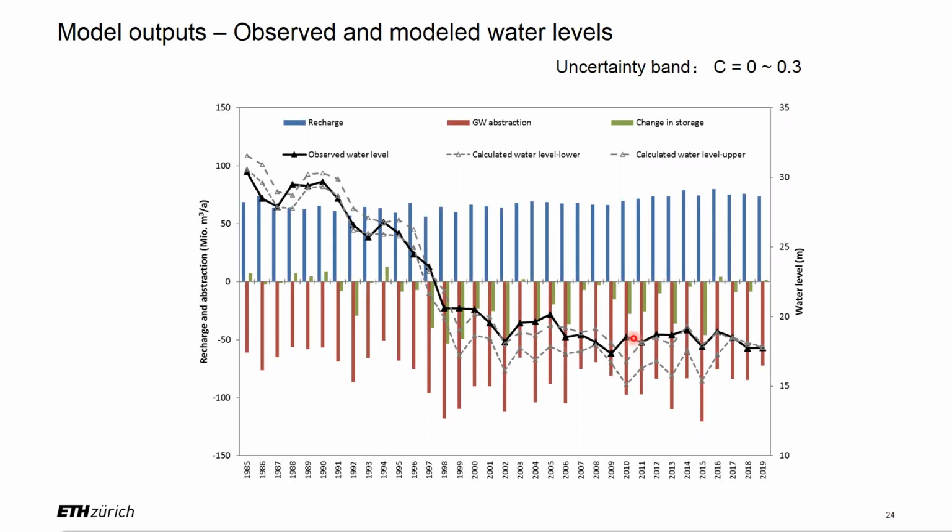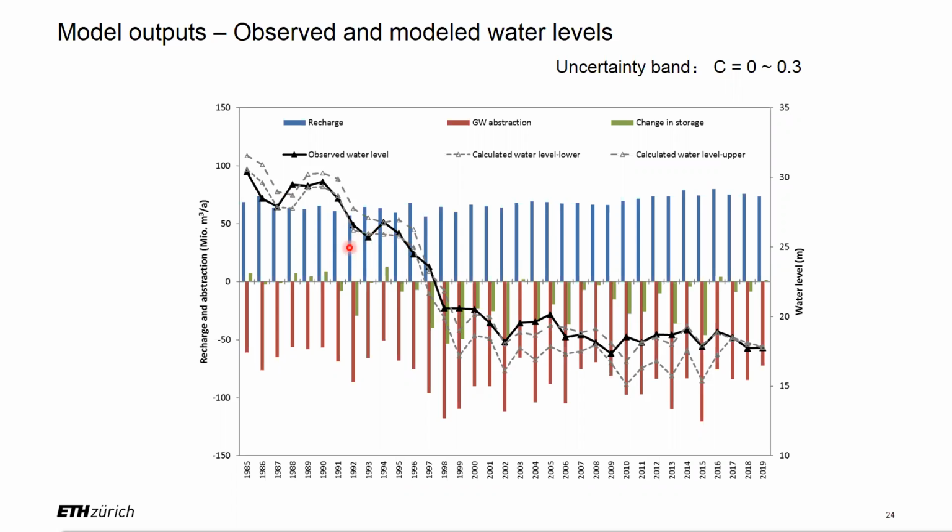Many places use deep groundwater, and it is also close to our estimation according to the irrigation areas of this deep water use. And if we look at the years before 2000, the observed water level is closer to the calculated line that assumes C equals 0, which means there is no deep water use.